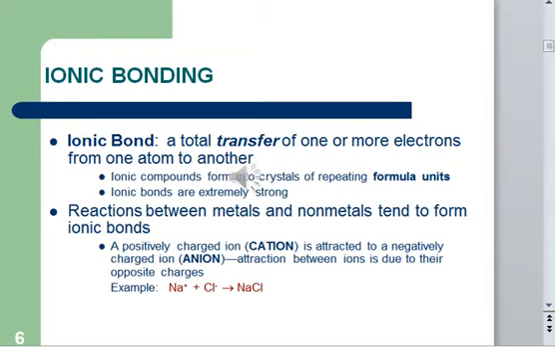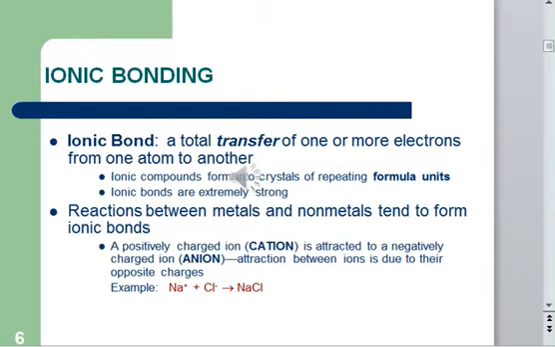So therefore we never write a molecular formula for ionic compounds. We always use the formula unit. In inorganic chemistry, which you have studied in the previous semester, I suppose you know about the formula unit. The formula unit has the atoms in their simplest ratio. Ionic compounds always form crystals, and these repeating units are known as the crystal lattice.